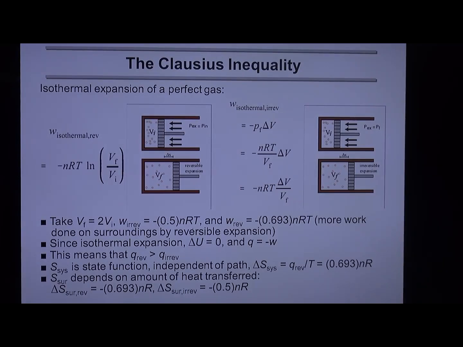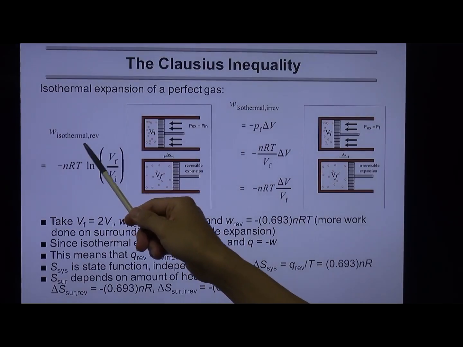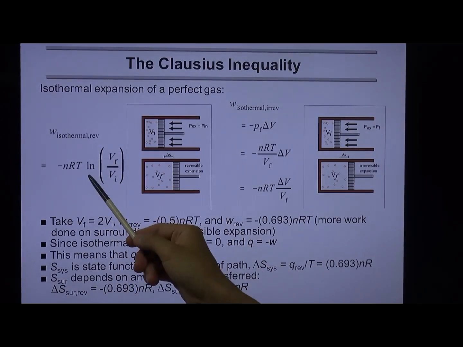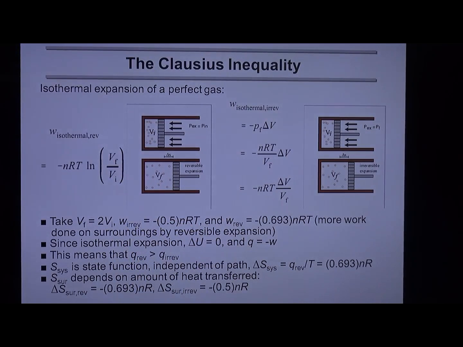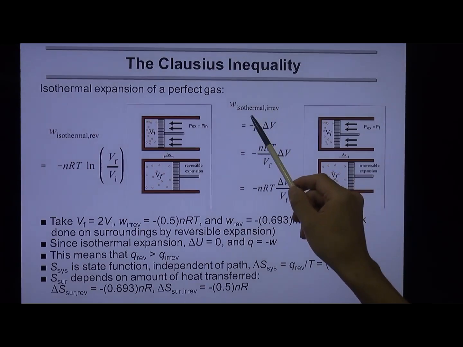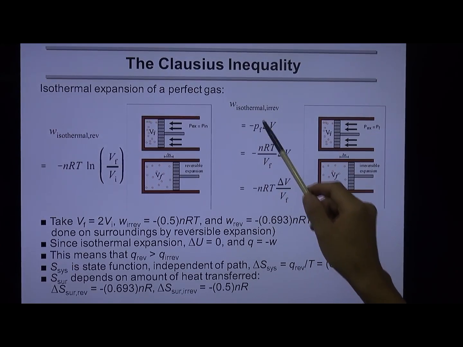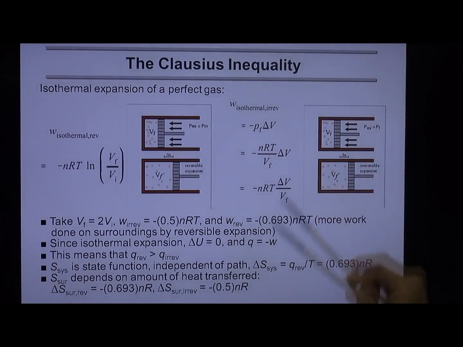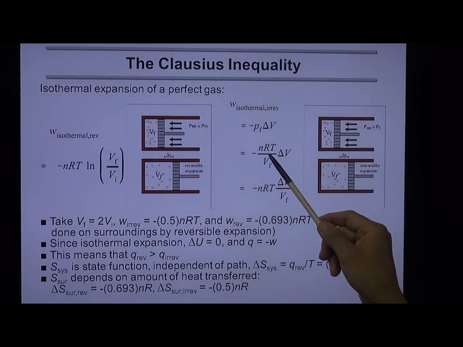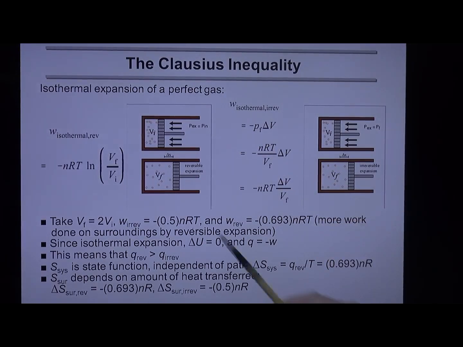All right. The amount of work for the isothermal reversible expansion was, remember, minus nRT log Vf over Vi. For irreversible isothermal expansion, if the external pressure is the same as the final pressure, then it should be minus Pf delta V. Since this is a perfect gas, P should be equal to nRT over V, so it can be represented as this equation.